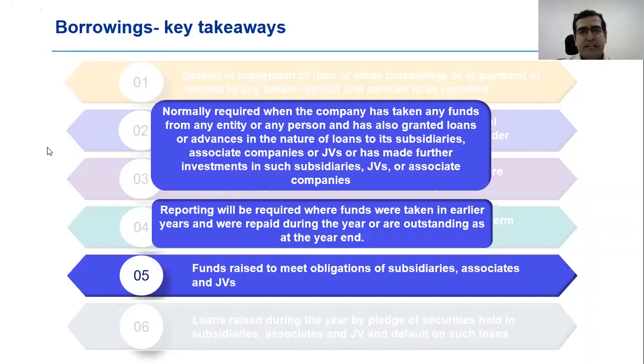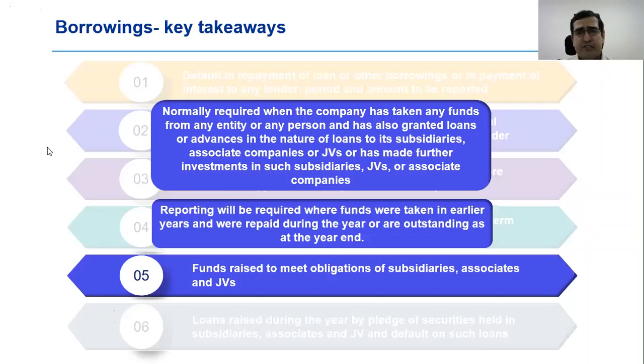If A's subsidiary can demonstrate that their obligations, their liabilities can be met through their own funds or through funds other than the holding company, then it is possible that one could end up not reporting anything here. But otherwise, this is likely going to be a reportable matter.